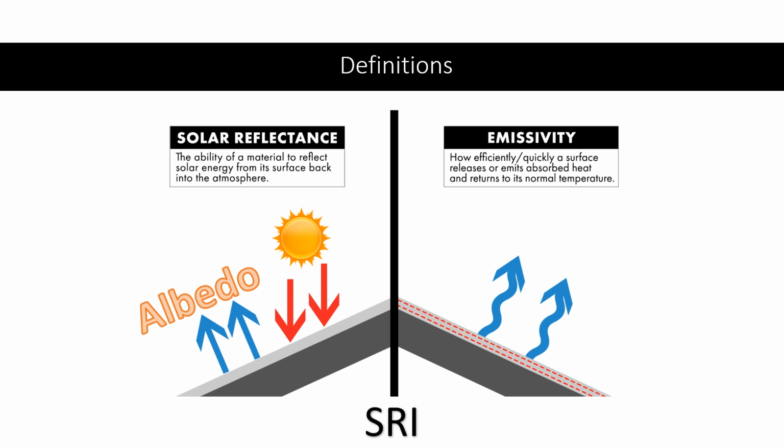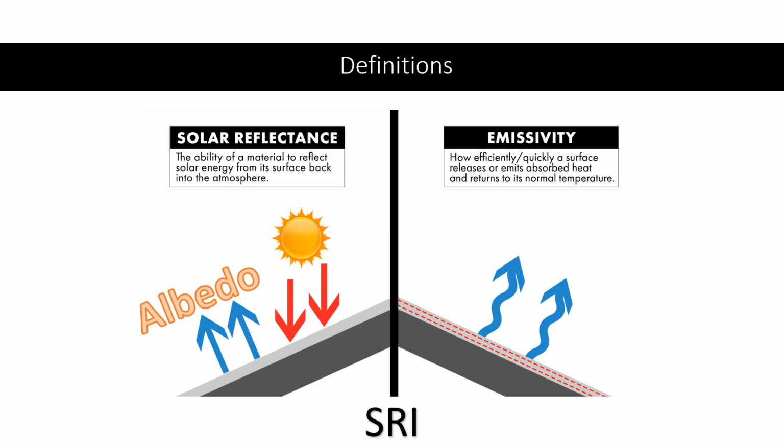The Solar Reflectance Index, or SRI, combines reflectivity, or albedo, and emissivity. It is a measure of a surface's ability to reflect the sun's solar energy and emit heat. SRI is measured on a scale from 0 to 100.